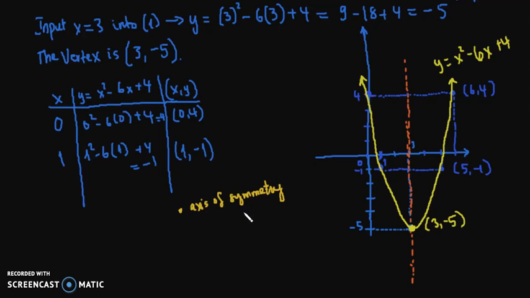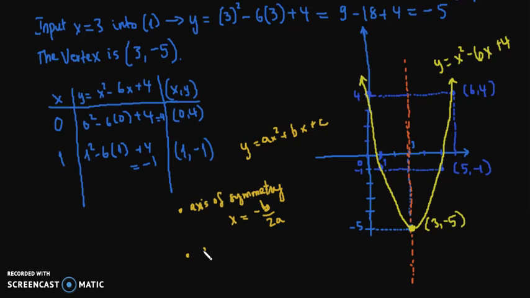This is where the b from y equals ax squared plus bx plus c comes into play. So x equals negative b divided by 2a.